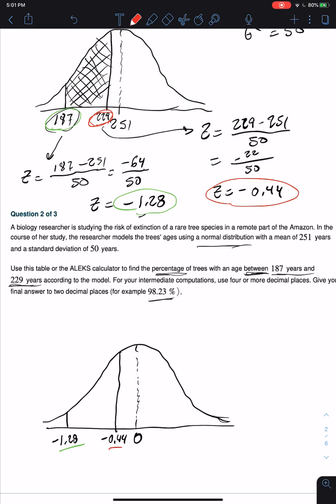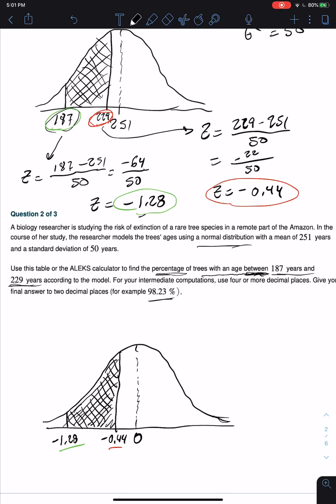And remember what our job is. We're trying to find the percentage of trees with an age between 187 and 229 years. Now we have the corresponding z-scores that go with those ages and everything in between, and we could find the area between those two z-scores.